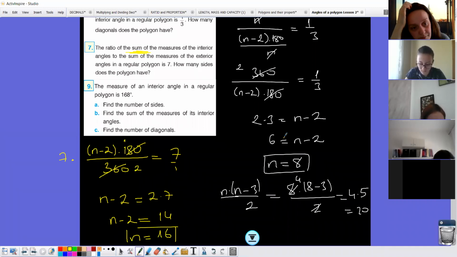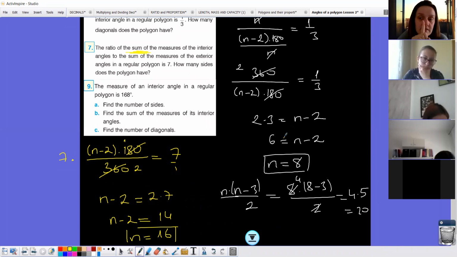Now the 9th one. It says the measure of an interior angle in a regular polygon is 168 degrees. Find the number of sides, find the sum of the measures of its interior angles, and find the number of diagonals. So what is given to us? The measure of an interior angle in a regular polygon.